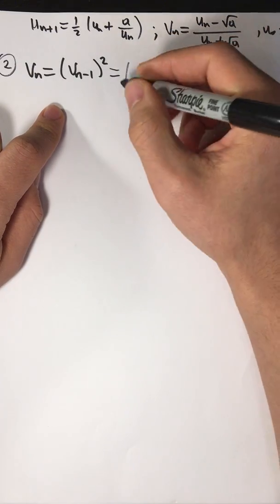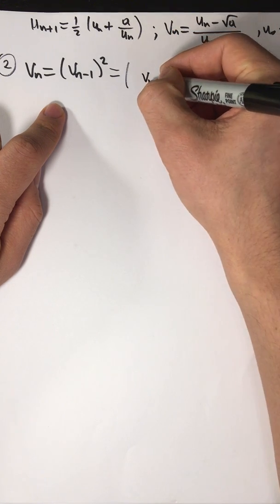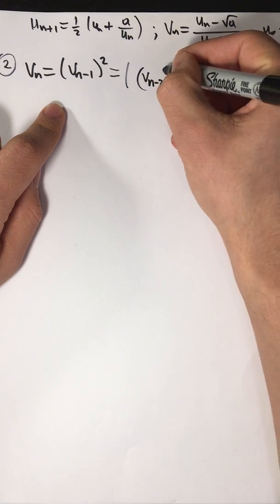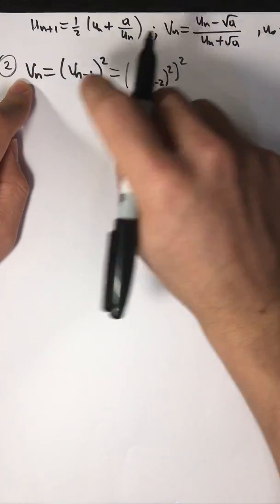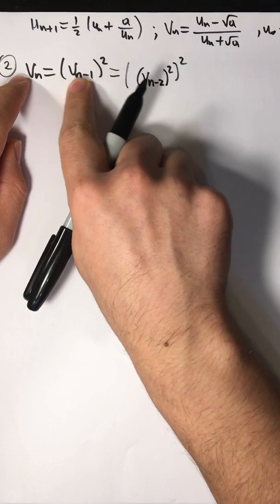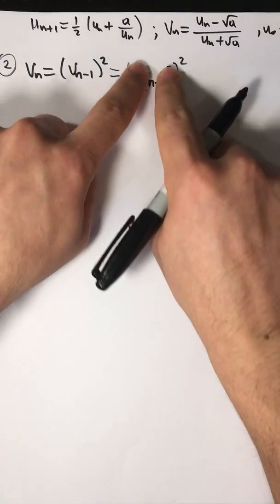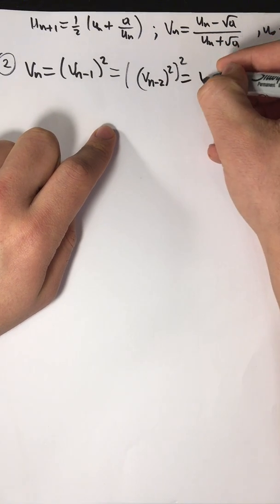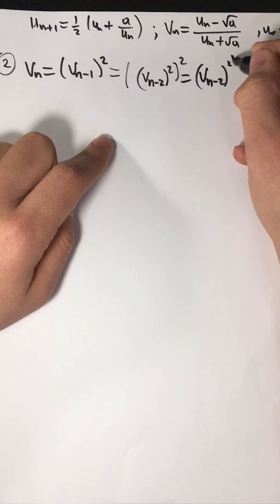I have the square here, but instead of v_{n-1}, I am going to write v_{n-2} square. You might ask why I'm using this formula. If it's n, it's n minus 1 square. If it's n minus 1, then it's n minus 2 square. So this is equal to v_{n-2} square.